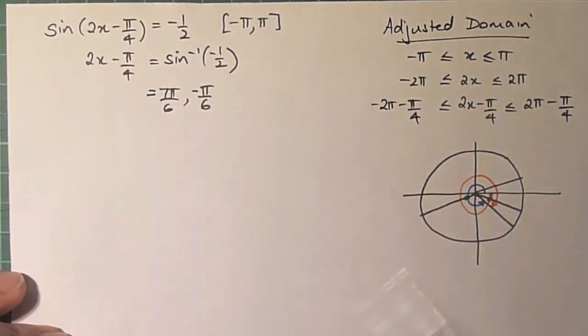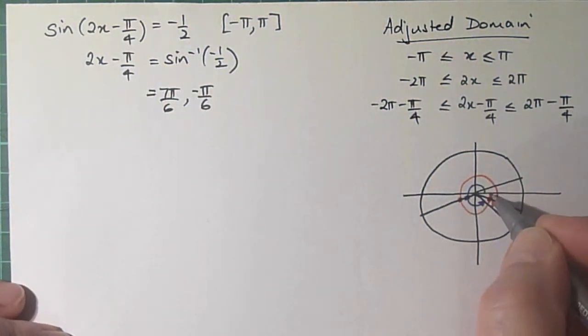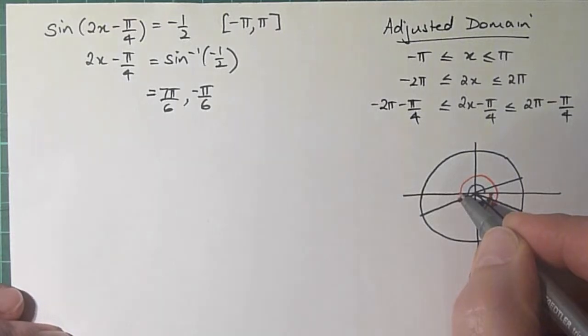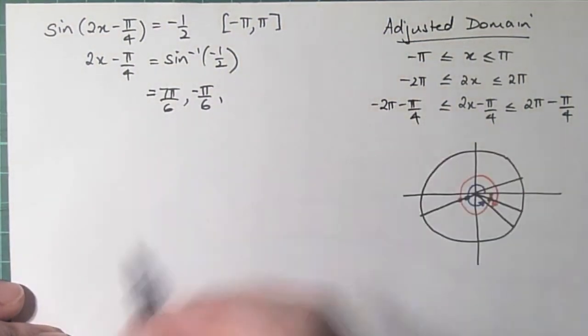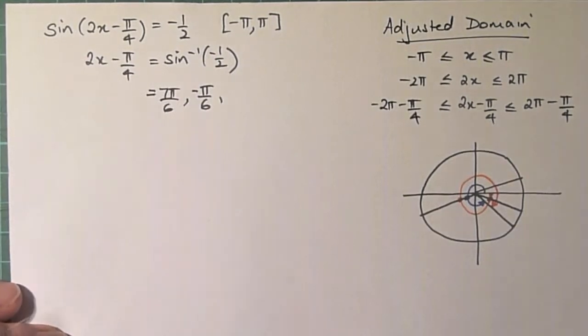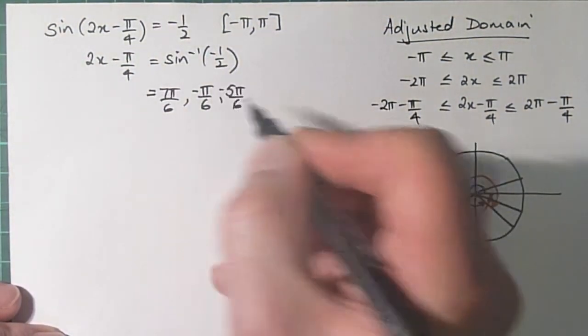We keep going around and our next solution is here, and that's going to be negative pi plus pi on 6. Negative pi is really negative 6 pi on 6. We add pi on 6 to that, so negative 6 pi on 6 plus pi on 6 gives us negative 5 pi on 6.